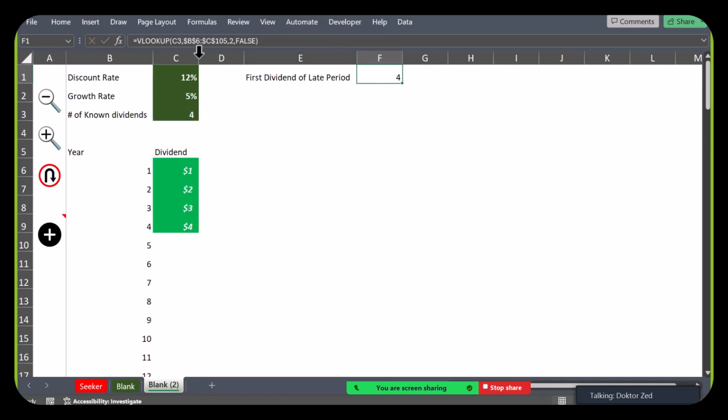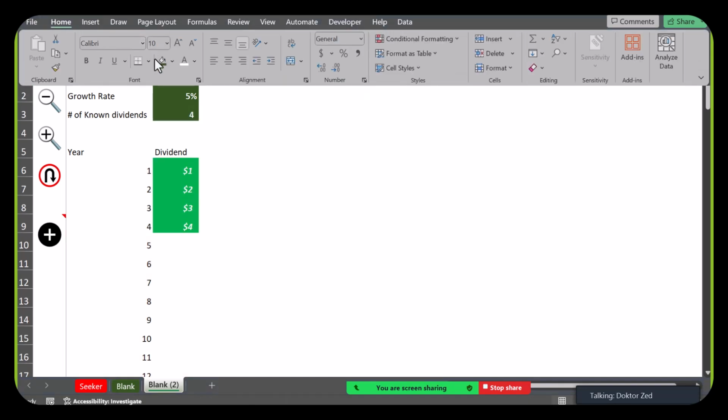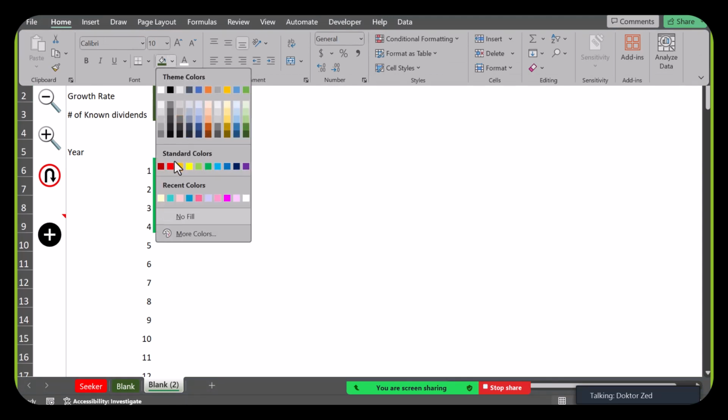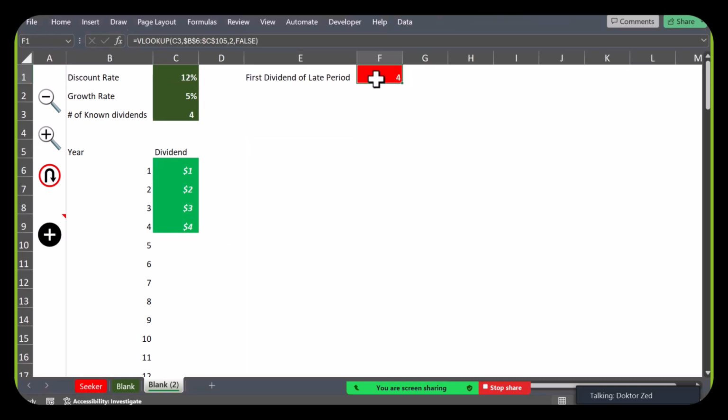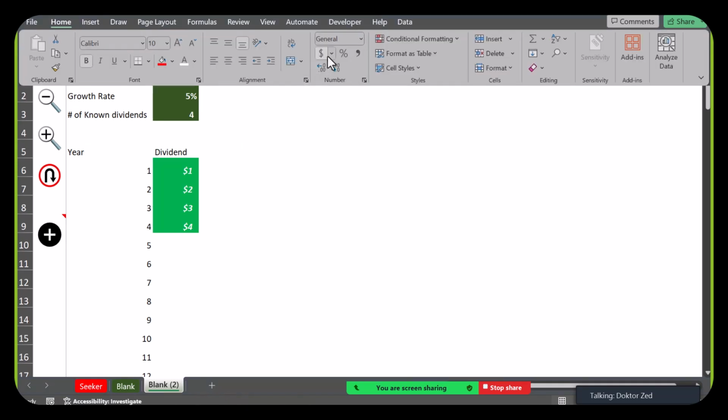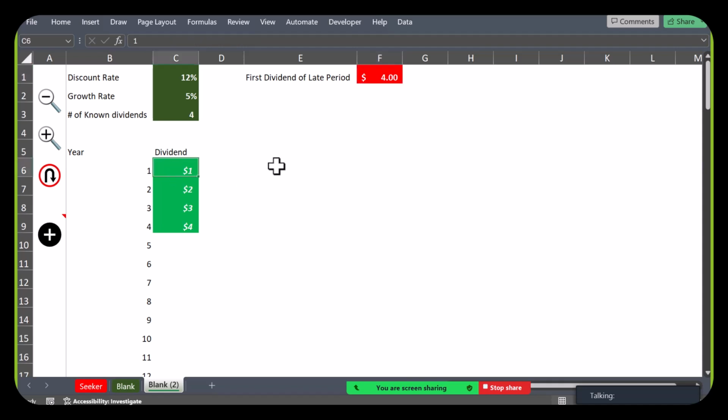So it immediately got me what I wanted. Of course, I'm going to make that red and white and bold. Okay, and that's going to be in dollar format. Of course, that's not the first dividend of the late period.